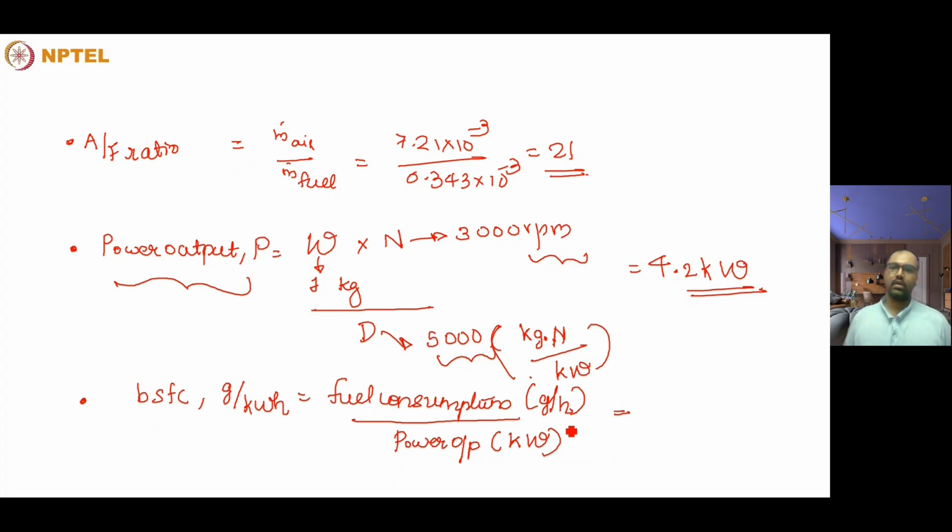So it should be coming around the fuel consumption value. Fuel consumption value will be coming around from the previous analysis.